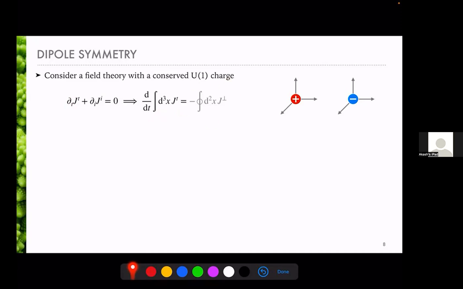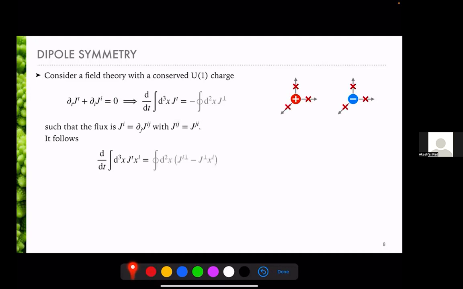So this is to say that the density JT is conserved. And what this means is that if I create an excitation with some charge plus Q or minus Q, that excitation cannot decay on its own because the charge of the system is conserved. But of course, this excitation can move anywhere. That's fine, as long as the rate of change of the density is equal to the flux of the density.